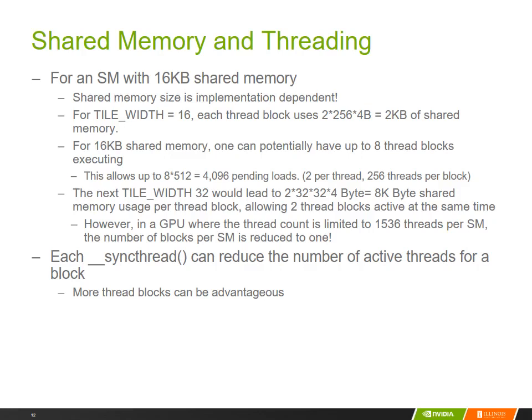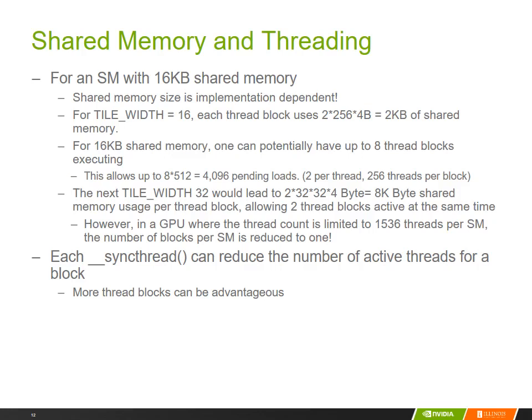So this requires a total of 2 KB of shared memory per thread block. With the 16 KB of shared memory, we will be able to accommodate 16 KB divided by 2 KB, which is 8 thread blocks. These 8 thread blocks will be able to give us plenty of parallelism and scheduling freedom.